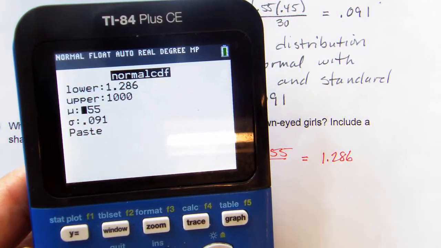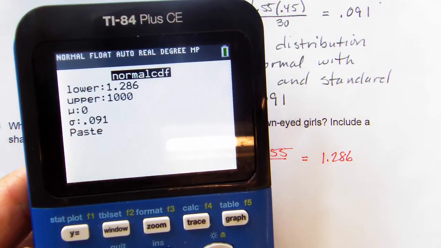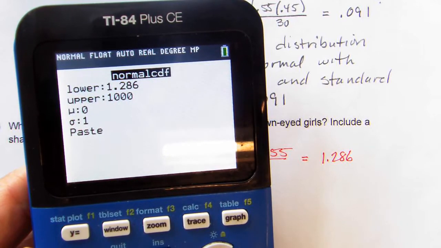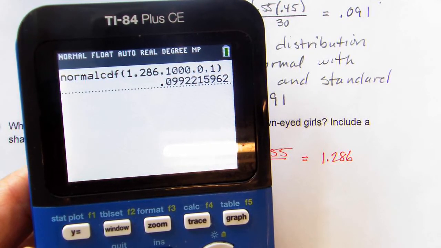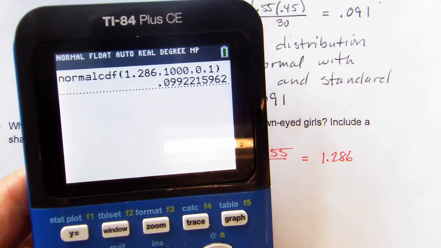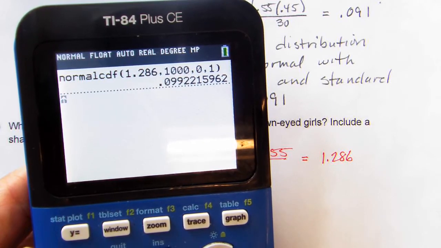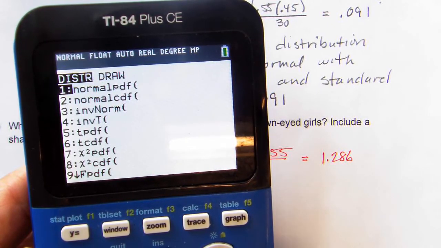But that's using standardized values, so the mean of 0 and a deviation of 1. So on a standardized table, and we'll paste that in. And so we get about 9.9%.